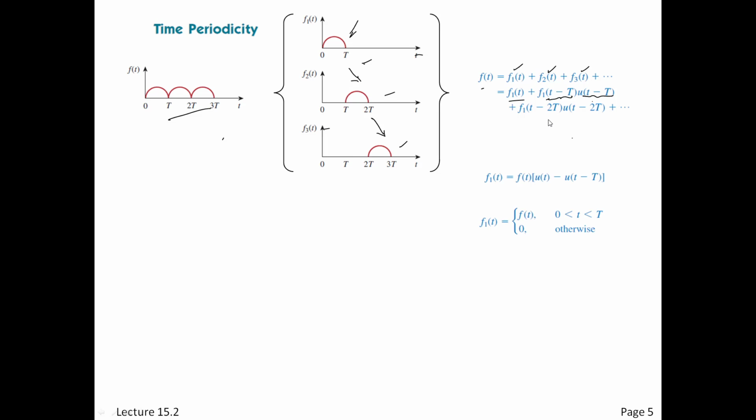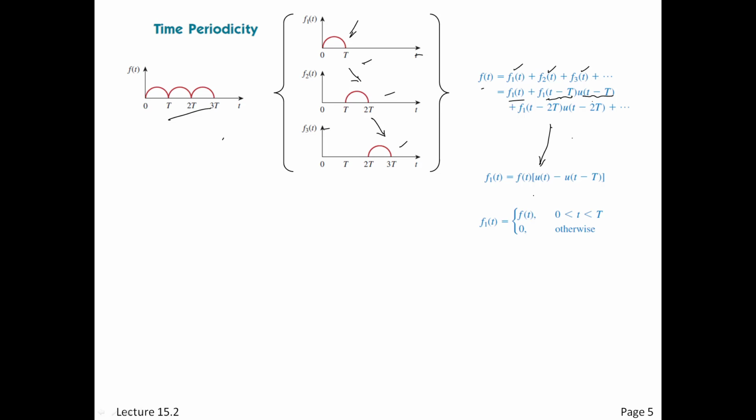So if we go by that, term by term, we could just write f1 of t as f of t times u of t, turn it on, and then turn it off big T seconds later.